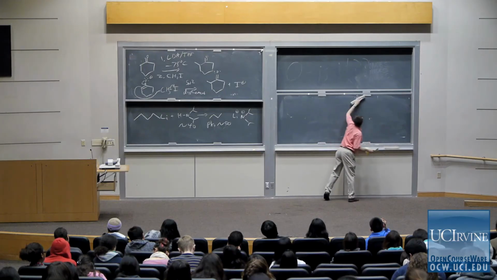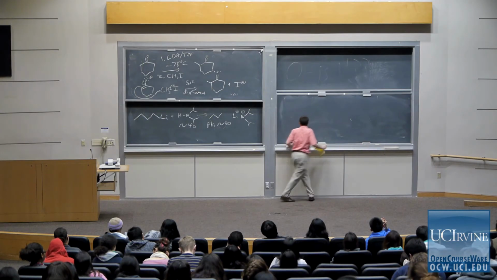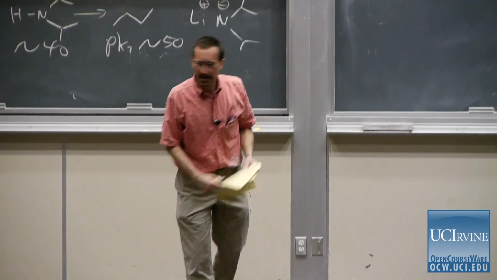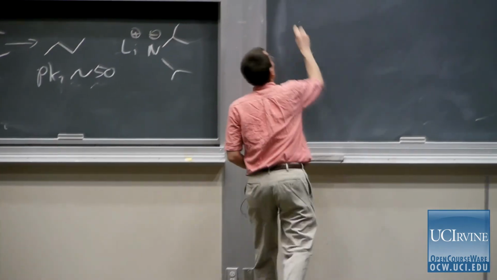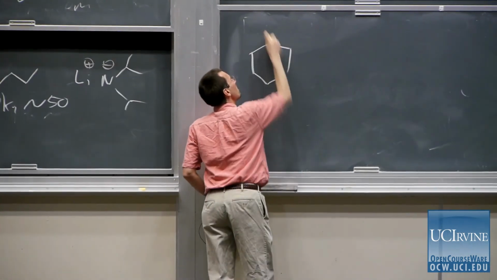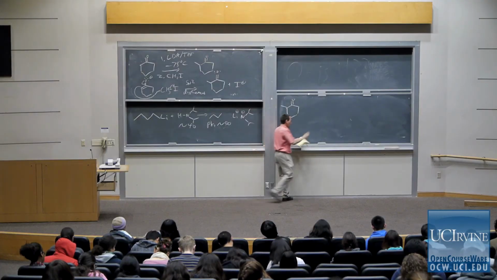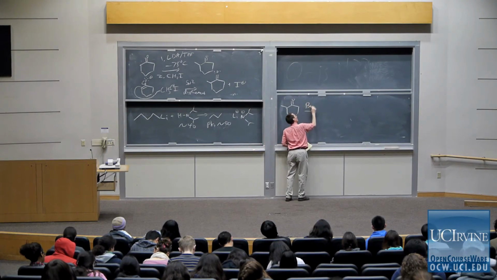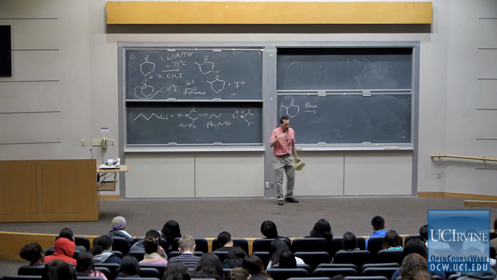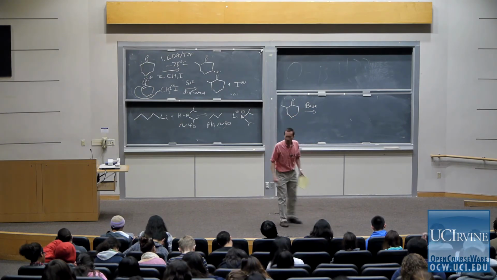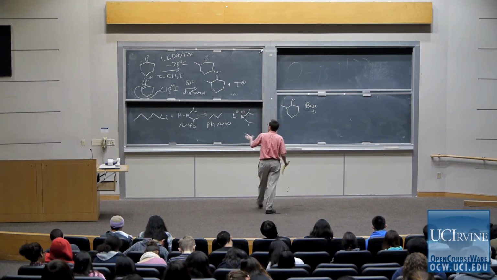All right. Let's have some fun now with variations among enolates. So, let's imagine we have our methyl cyclohexanone and we treat it with base. Now, we can get two different enolates. We've got two different types of alpha protons.